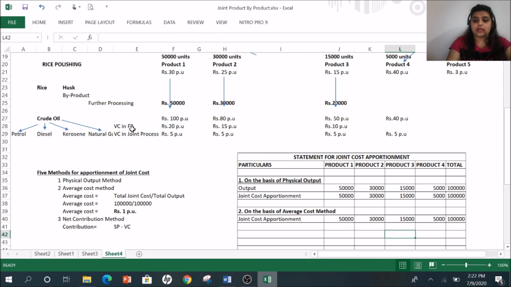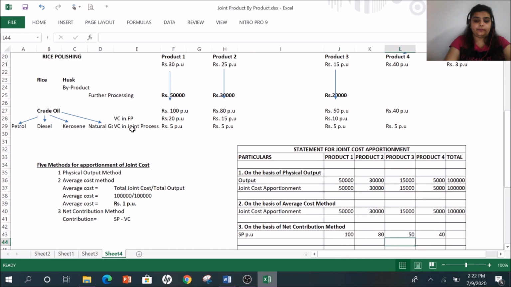So what is our net contribution per unit in that case, on the basis of the net contribution method? Our selling price per unit is 100, 80, 50 and 40, less total variable cost.